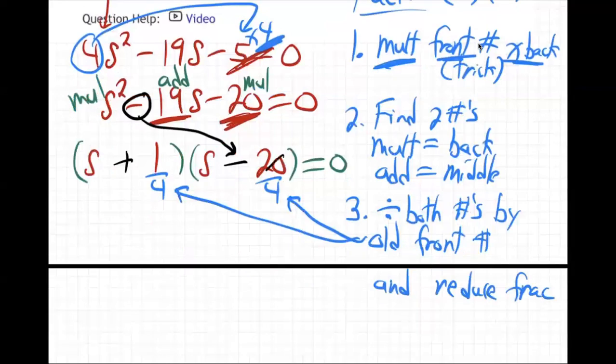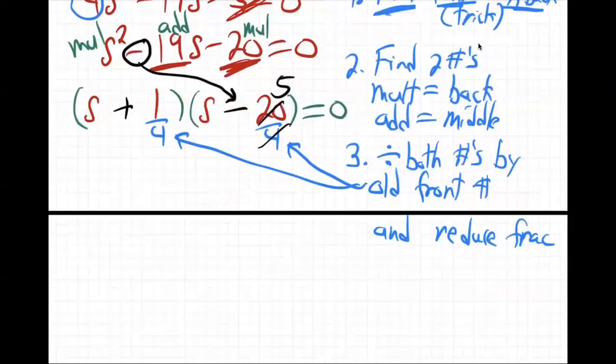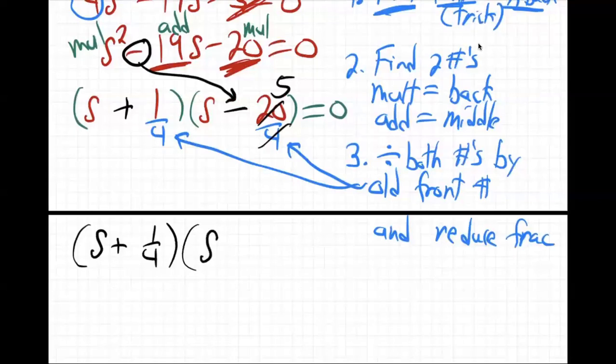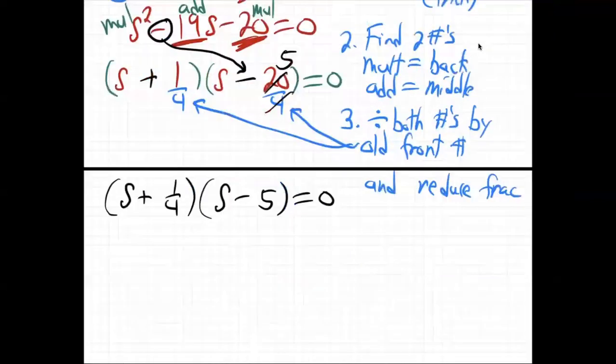So 4 goes into 20 5 times, right? Now we have S plus a fourth, and we have S minus 5 equals 0. So that's a trick step. Now there's actually one more trick.